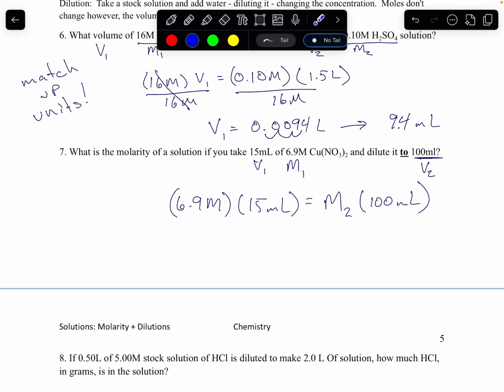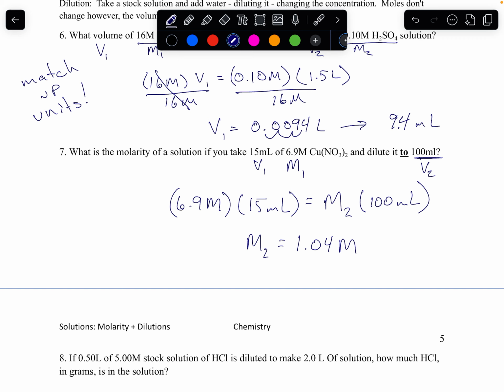My volume units match, so we're good there. I'm ready to solve for M2. If we divide both sides by 100, we should be able to solve for M2 and get 1.04 molar.